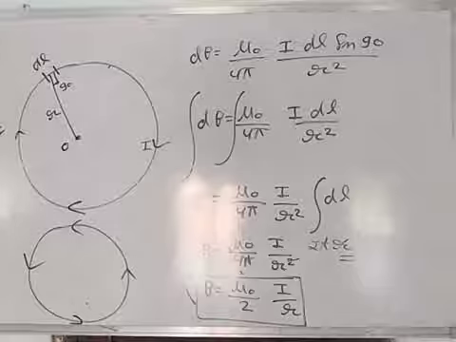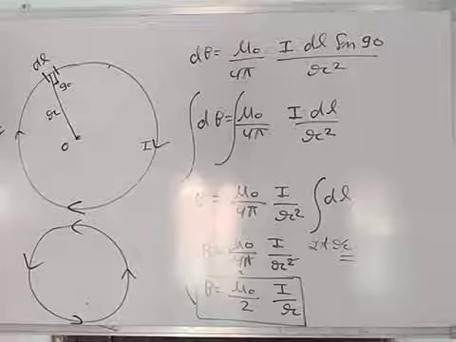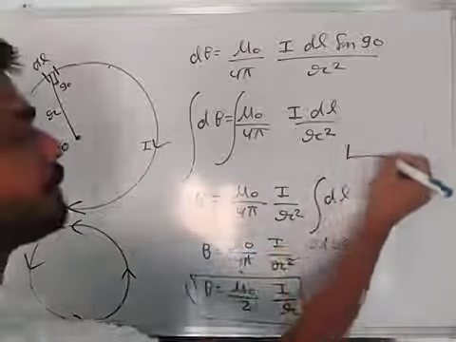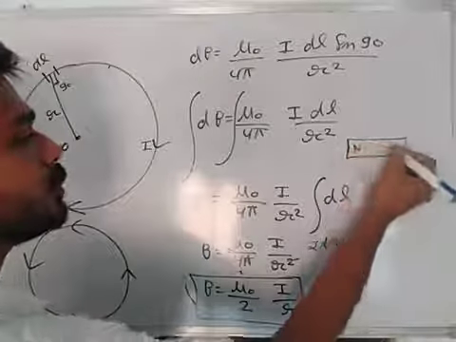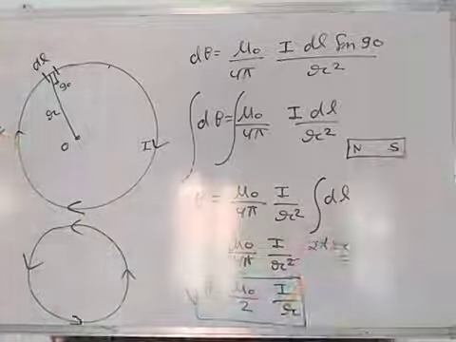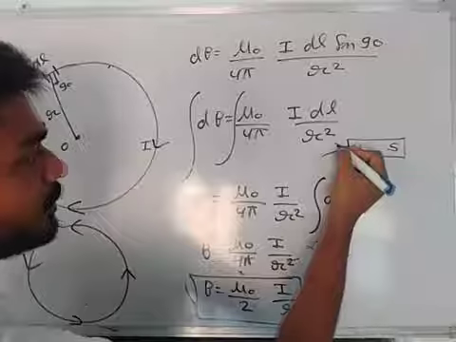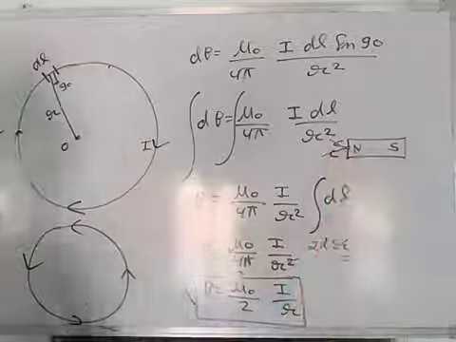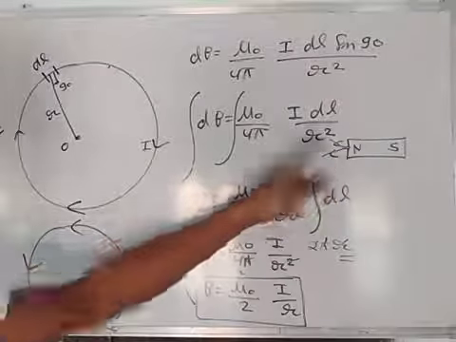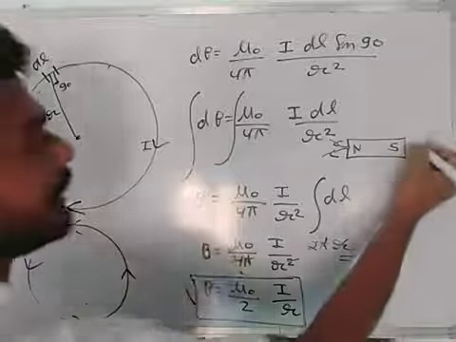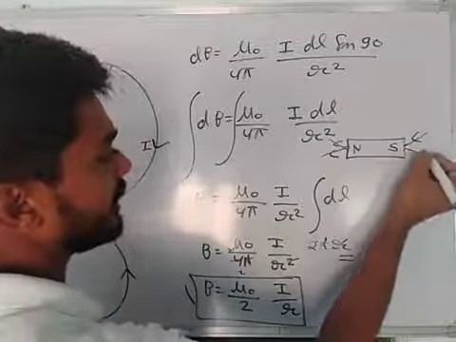One more thing, we have studied in class 10th that for a magnet there are two poles, north and south. From the north pole the magnetic field lines are emerging out, and at the south pole they are entering.